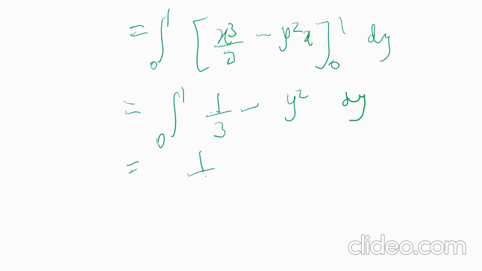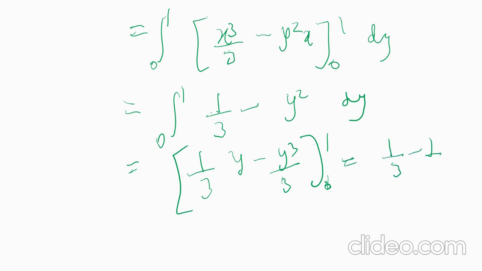So now it will be 1 by 3 y minus y cube upon 3, from 0 to 1. So that will be 1 by 3 minus 1 by 3. This is equal to 0.